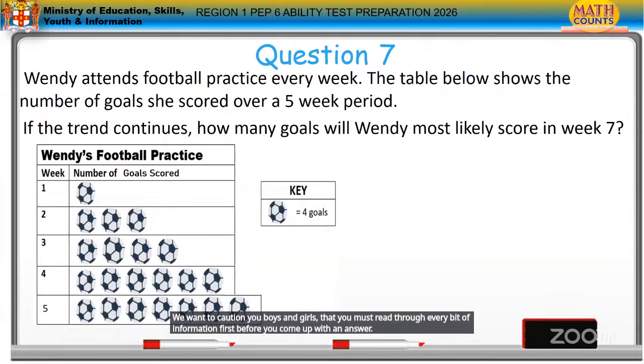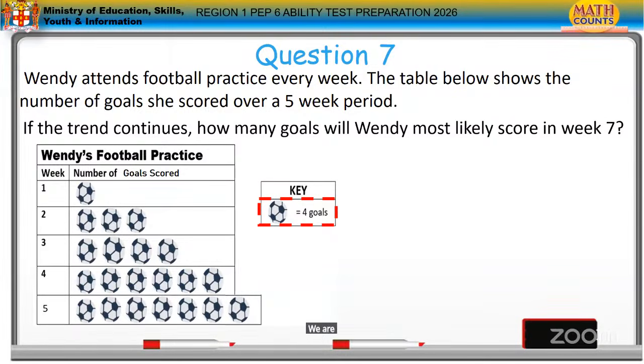Very, very important. So one of the first things you want to do when you are given information on a table, if there is a key or legend, you need to observe what that means. We're seeing here that one of those balls is equal to 4 goals. And so we can use that information.